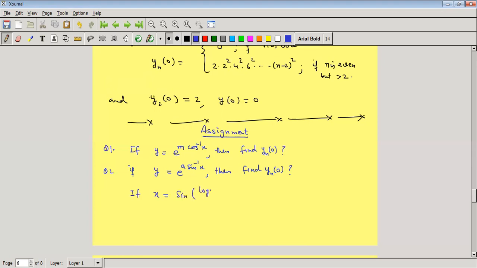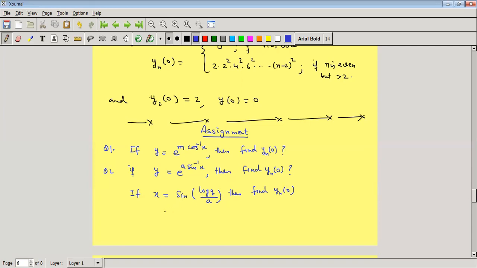x is equal to sine of (log y upon a), then find yn. So what you do when this question is asked: you can also write this question similar to question number one. So x is equal to this.